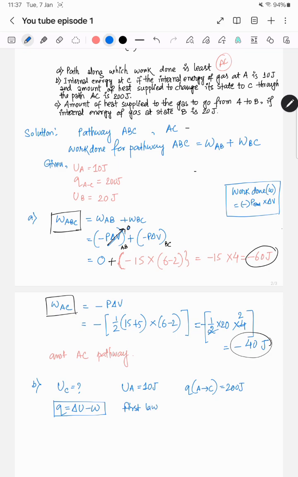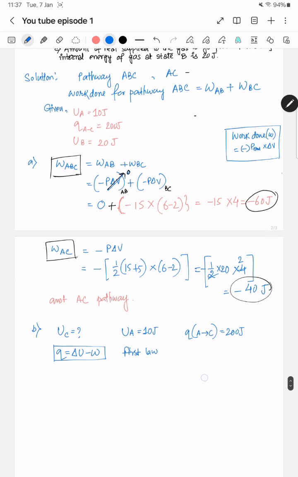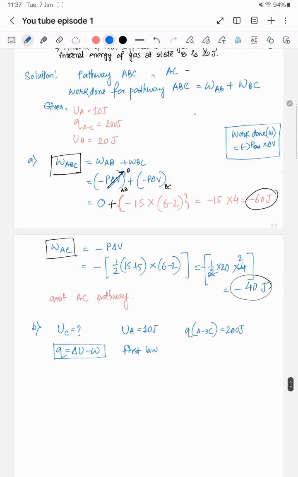Now we know the value of W. We have just derived the value of W for AC, it is minus 40 joule, right? So delta U equals Q plus W. What is the value of Q?